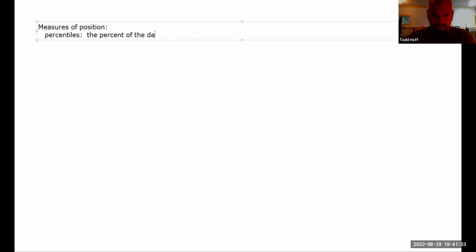So let's talk about measures of position. And the main measure of position we're going to look at is percentiles. A percentile is the percent of the data that is smaller than a given number.